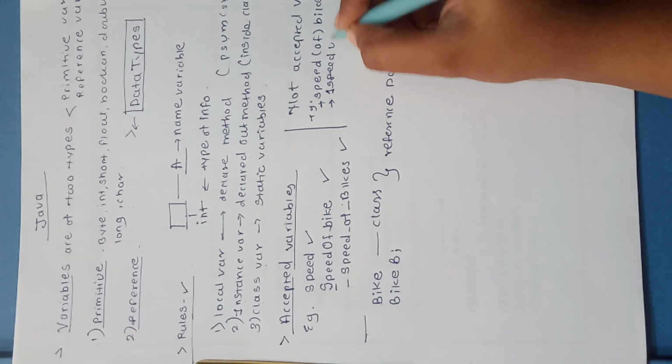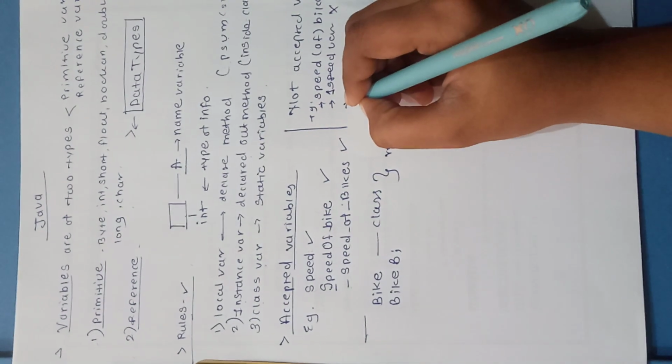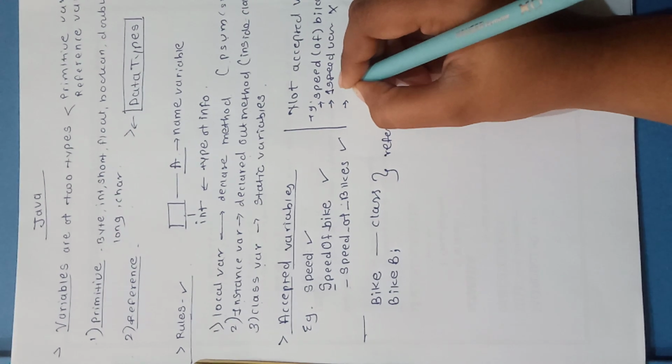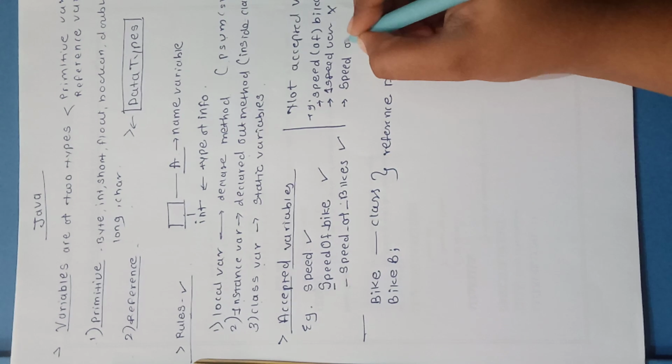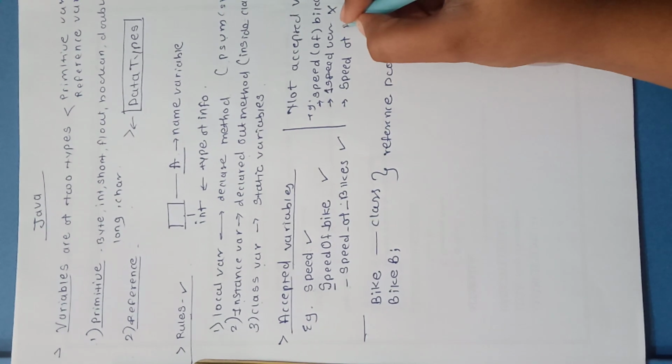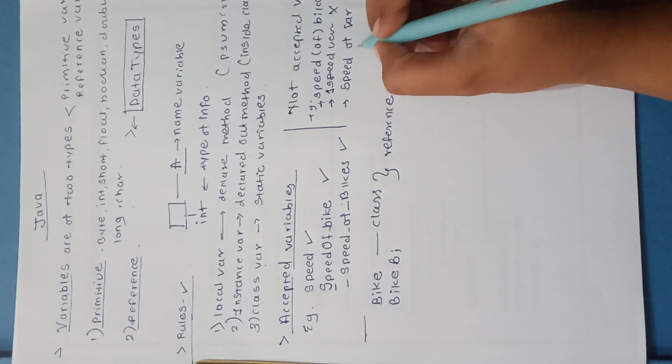No variable starts with a number, so it is also not accepted. And the third one is spaces, which are not included in a variable name. These spaces are not included.